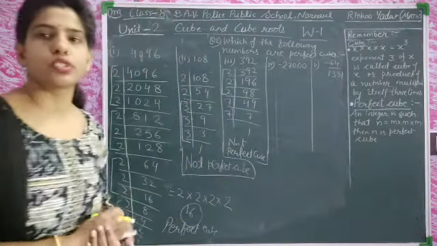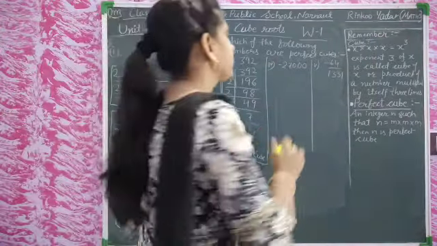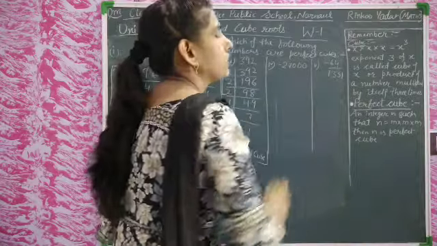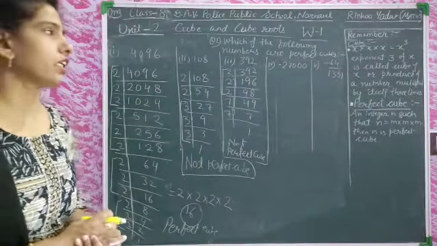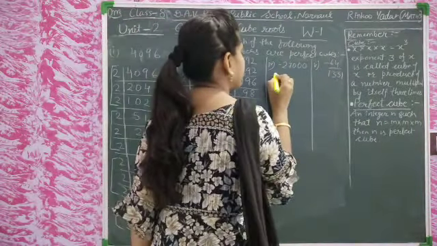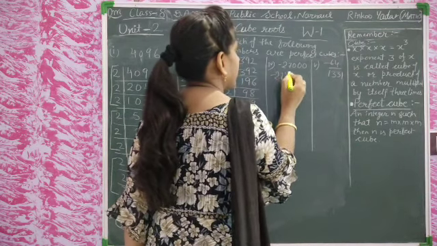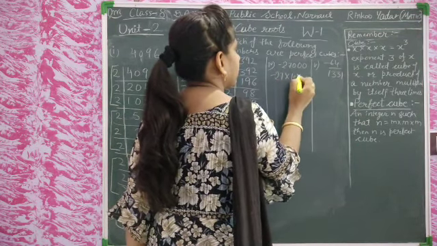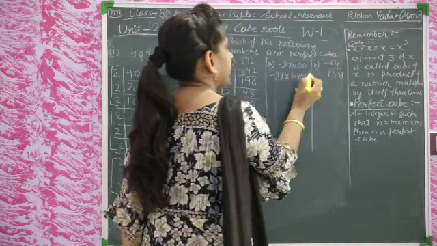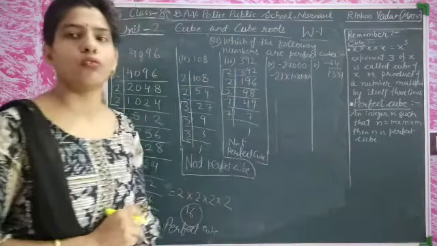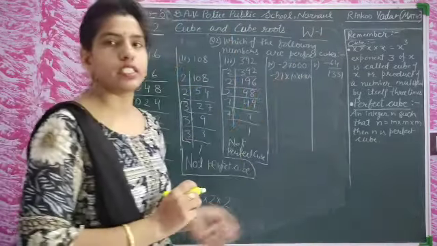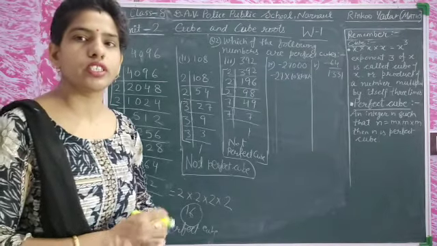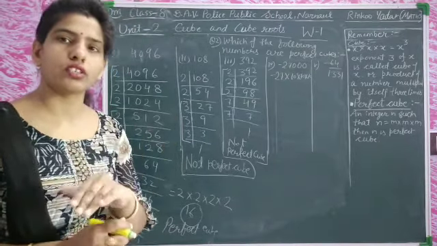Yes, clear, students? Now we will go to the next question, minus 27,000. We write it here as 27 into 10 into 10 into 10. This is 3 times multiplication of 10, and 27 is the multiplication of 3: 3 3s are 9, and 9 3s are 27.